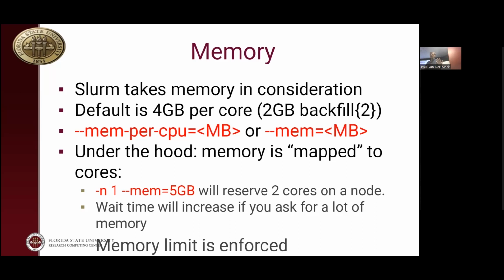Because suddenly there's a lot of nodes available that she can run on. So you have to really think if you really need all that memory, especially if you're on the free resources. And the memory limit is enforced. If you ask for 5 gigabytes and your program uses 8, at one point Slurm will say no. It will kill the job. If you're lucky, you'll just get a nice warning that says memory exceeded.